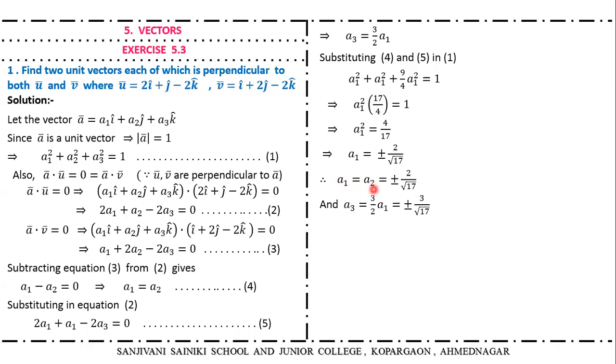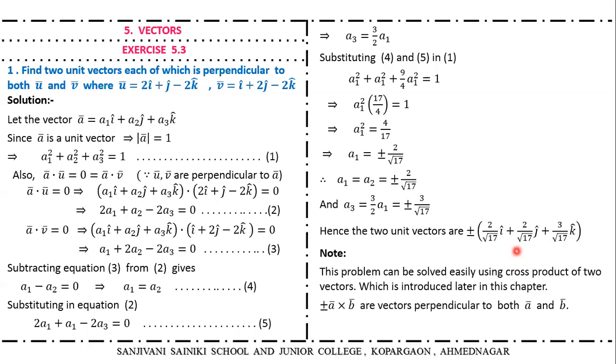So a1 is equal to a2 implies a1 and a2 both will have the same values, plus minus 2 by root 17. And a3 is equal to 3 upon 2 a1. That means a3 is equal to plus minus 3 upon root 17. So hence the unit vectors are plus minus 2 upon root 17 i plus 2 upon root 17 j plus 3 upon root 17 k. So these are the two unit vectors.